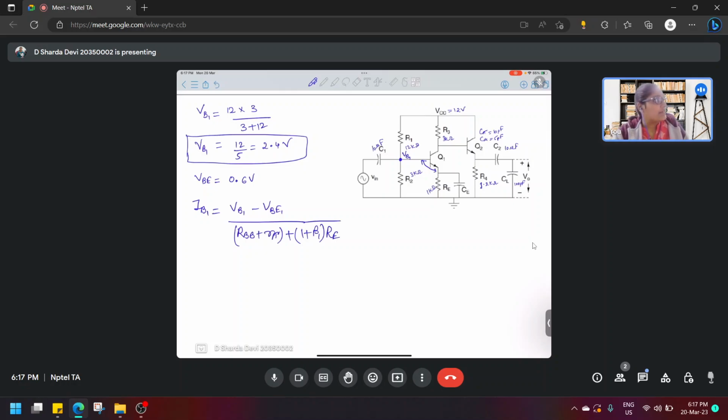This is how we can write the expression for the base current across the first transistor.